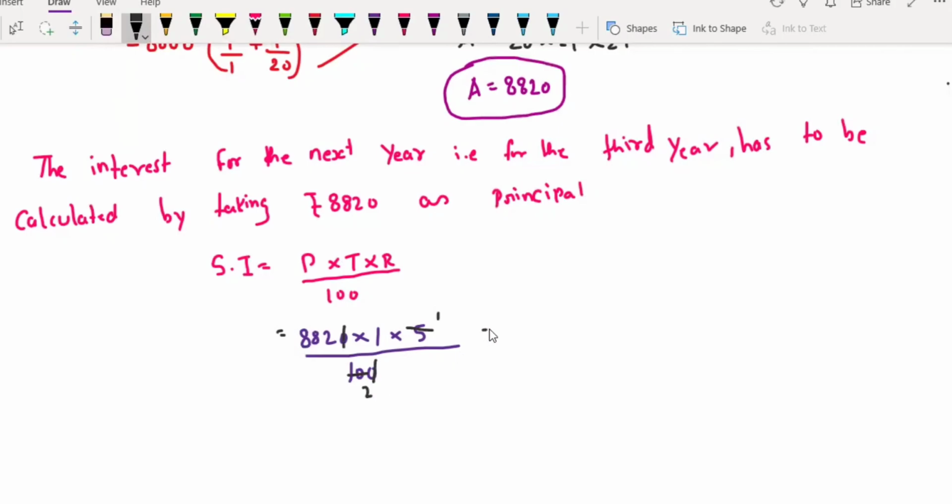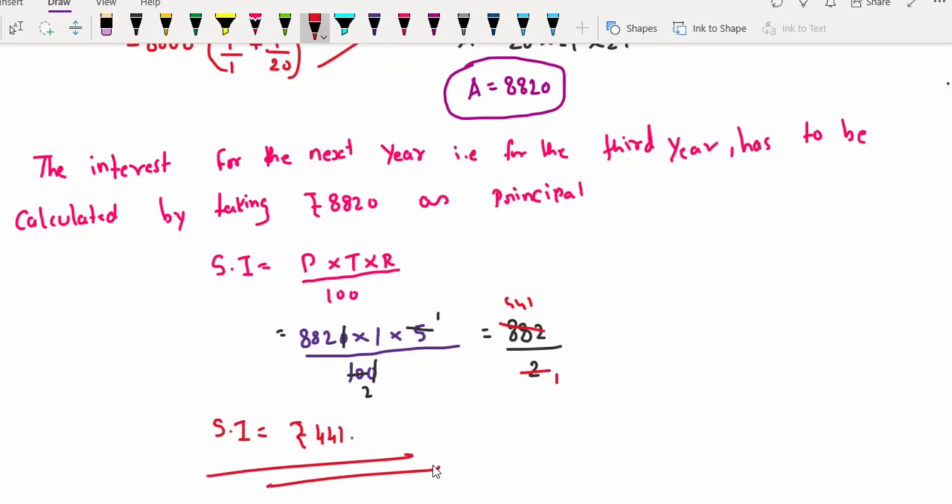What is remaining now? 882 divided by 2, that's a very easy cancellation. 2 fours are 8, 2 ones are 2. So the interest for the third year, just for the third year, is rupees 441. That will be the interest for the third year.